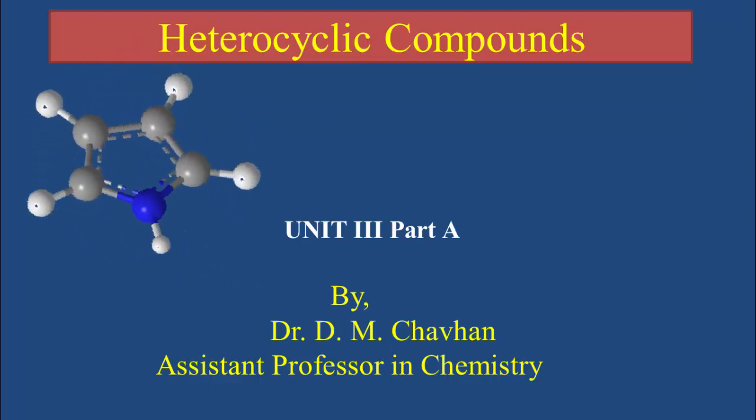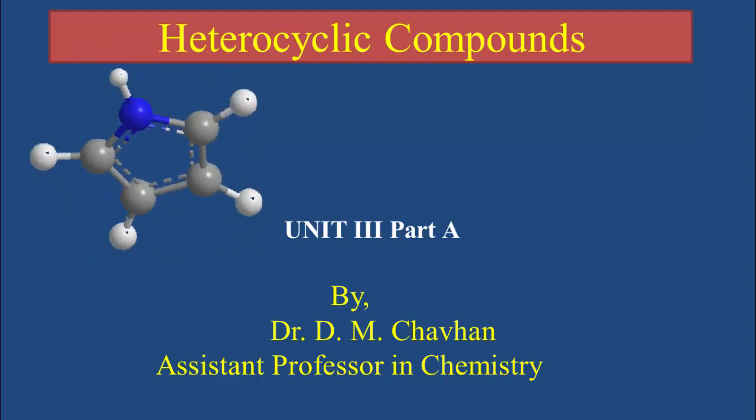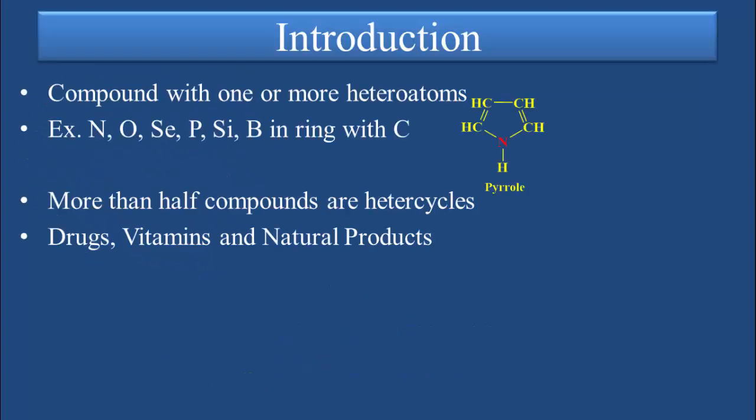Today we discuss heterocyclic compounds. Dear students, what is meant by heterocyclic compound? Heterocyclic compounds are cyclic compounds which contain one or more heteroatoms along with the carbon in the cyclic ring.